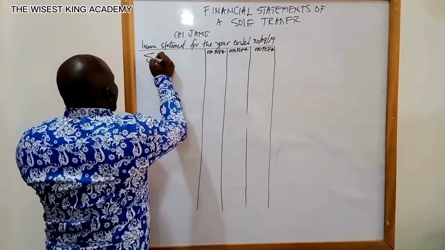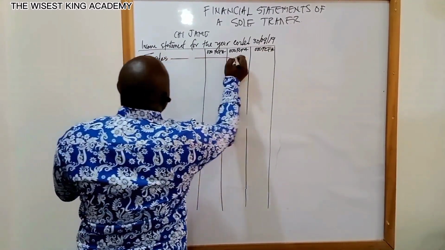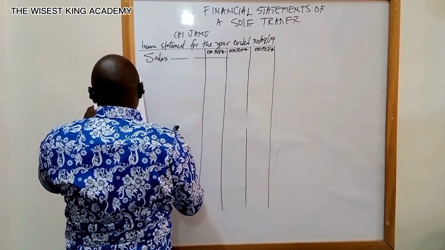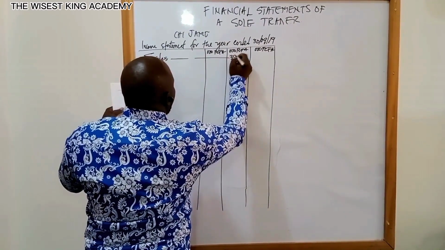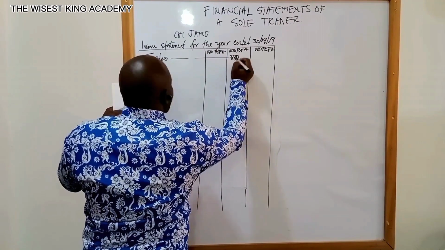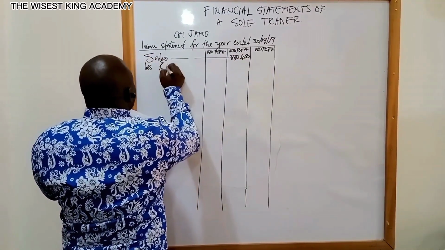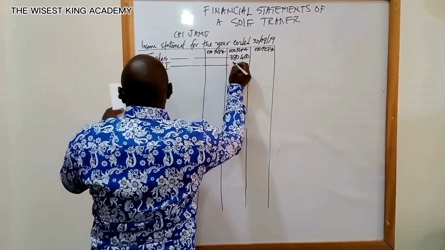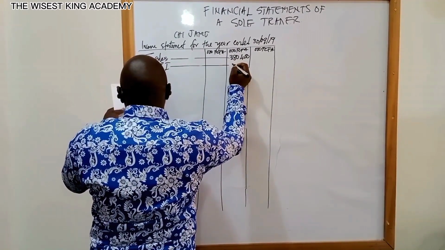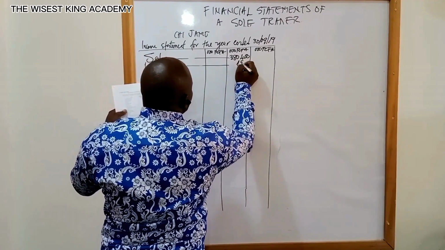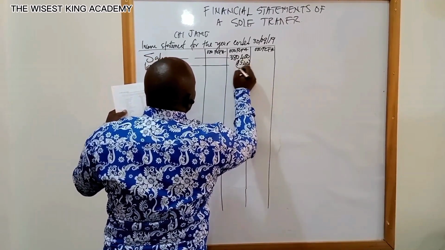Now we start with sales. Do we have returns inwards? Yes. Our sales is 380,400. So we less returns inwards, which is 1,540.